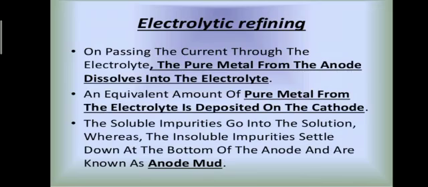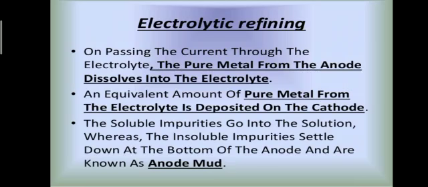The process of electro-refining of copper involves the following steps. First of all, a large plate of impure blister copper is made the anode. This is the impure blister copper and we are taking it as the anode. A thin rod or sheet of pure copper is made the cathode, and the sheet of pure copper we are taking as the cathode. The cathode is negatively charged.